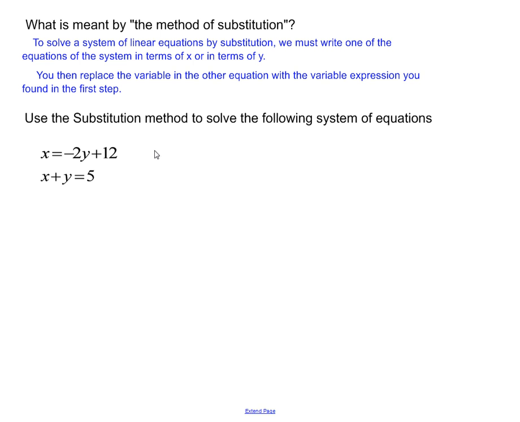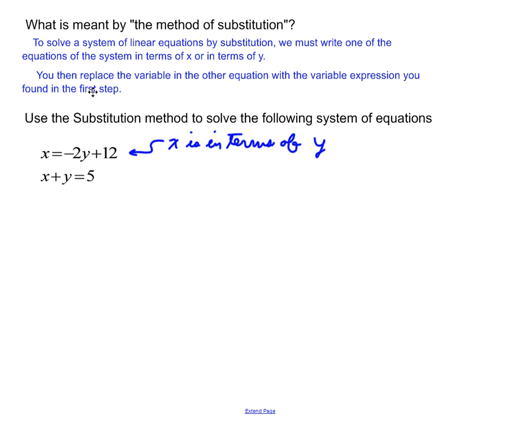And it does kind of scream out for something, right? You'll notice that in this first equation, x is in terms of y, right? What this means is that the x variable is isolated to one side of the equation and everything else is written as an expression that involves y.